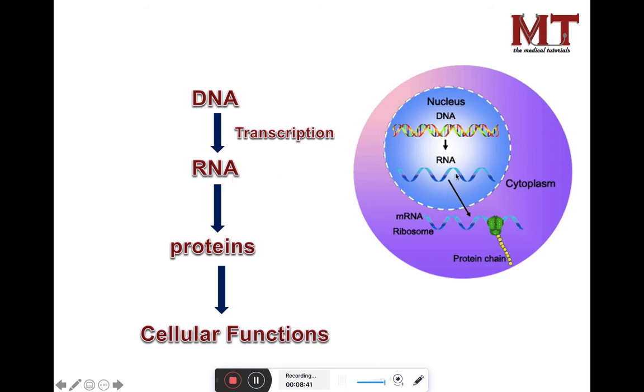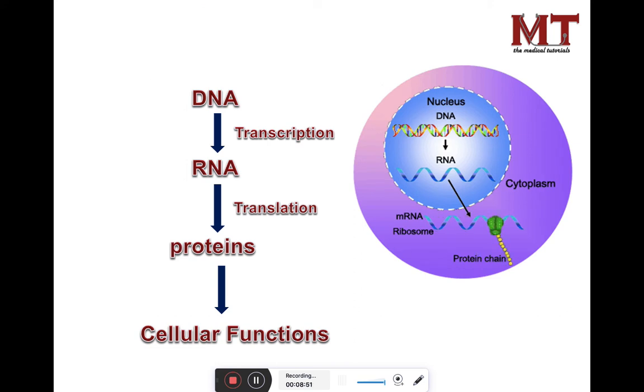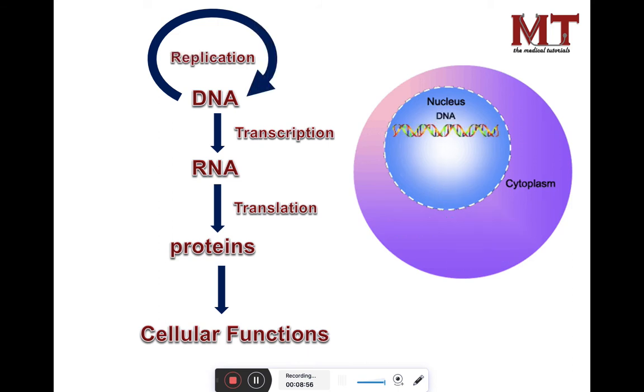The RNA goes from nucleus to the cytosol, where this genetic information is then translated in the form of proteins, and ultimately proteins do the biological functions. Now DNA also gets replicated, means this genetic information is also transferred from a cell to daughter cell and from one generation to another generation, means DNA is also the hereditary material.